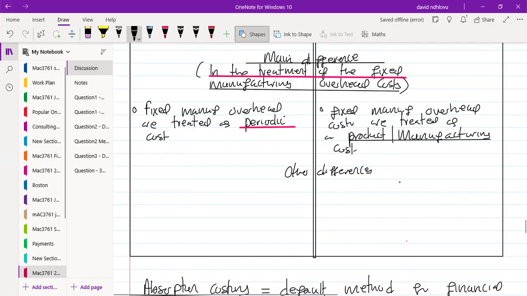Right, the other small little differences. In absorption costing, we have gross profit. Here we have contribution. We don't have gross profit. And also it is sometimes worth noting that the absorption costing method is the default for financial accounting.